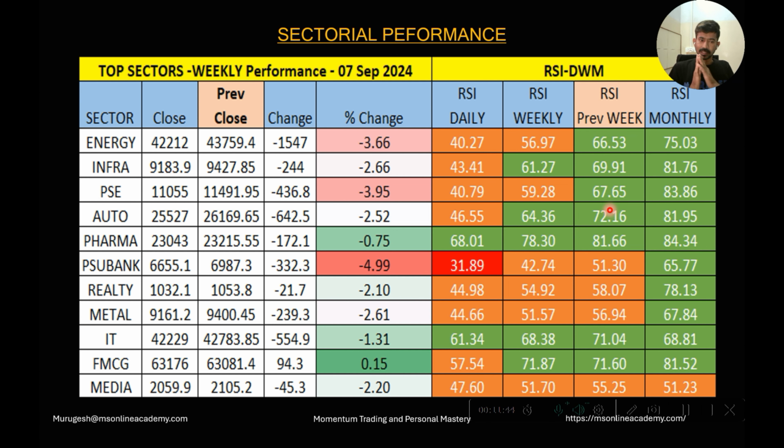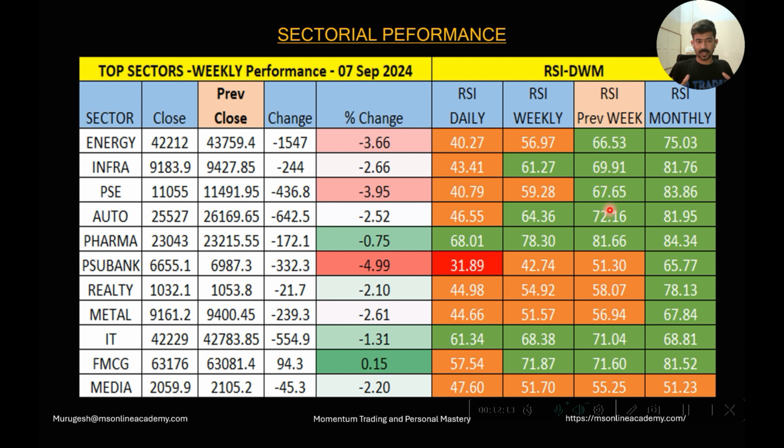So find the stocks from auto and infra where they are at the support of 40, and we can take a bet with one green candle. Whenever it makes a green candle next week, you can take a stop loss at that particular SL and try to target RSI 60 from 40. From 40 to 60 means it's a long side swing trade.